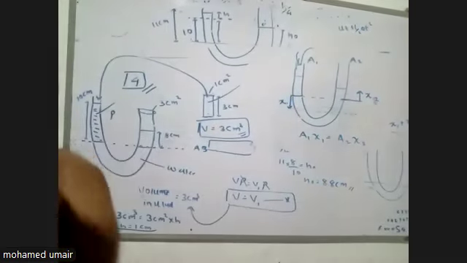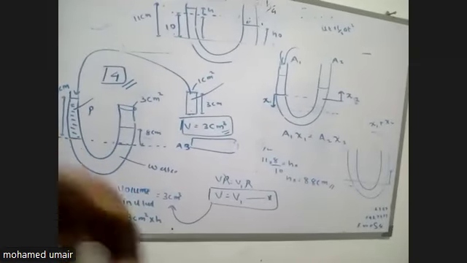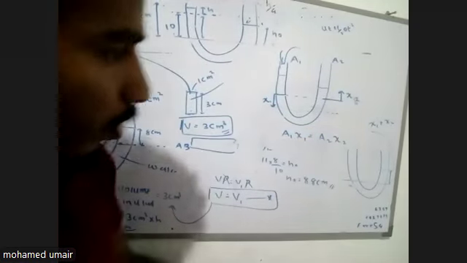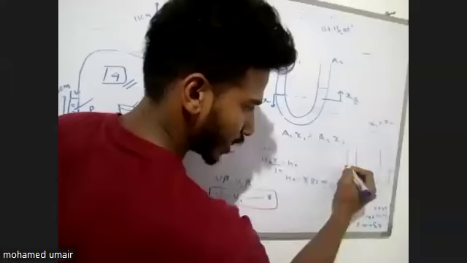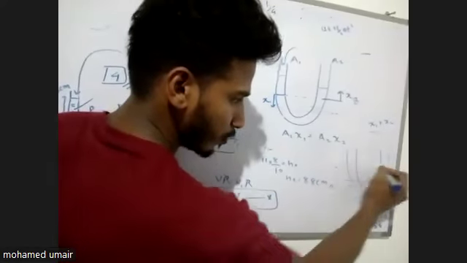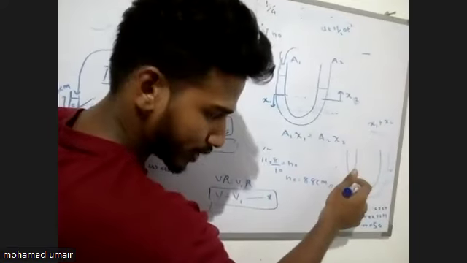I think it's not. Okay. Here it went down by x1. This was my initial common interface level. From here it went down by distance x1.